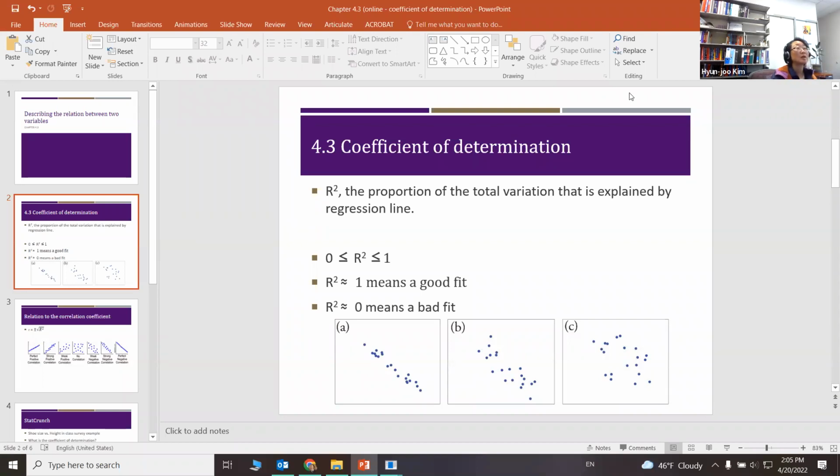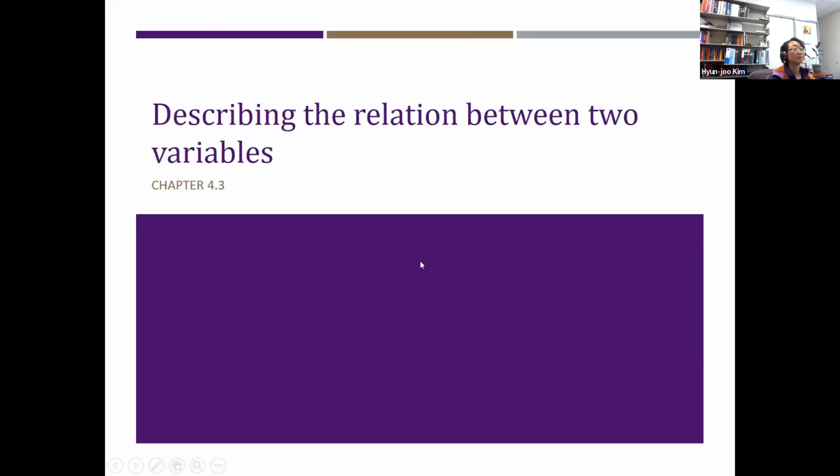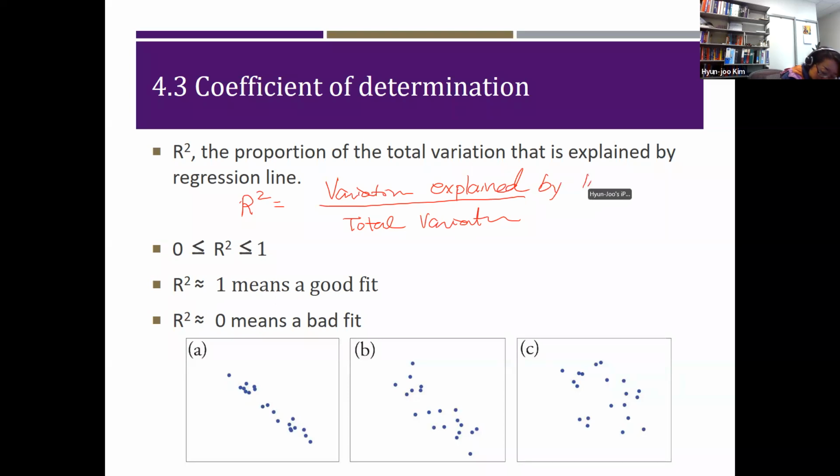Let me make it a little bigger here. R square is, by definition, out of the total variation, how much variation you can explain with the linear regression line.